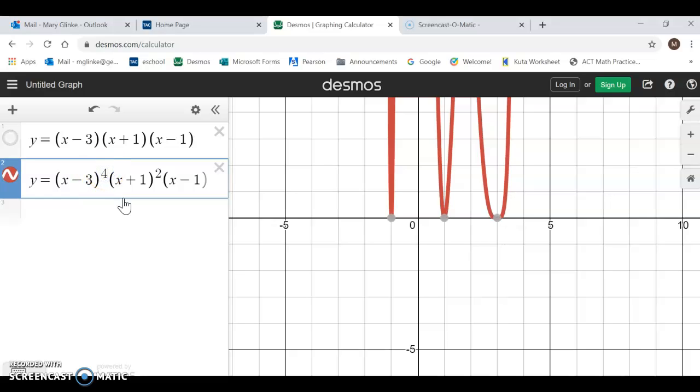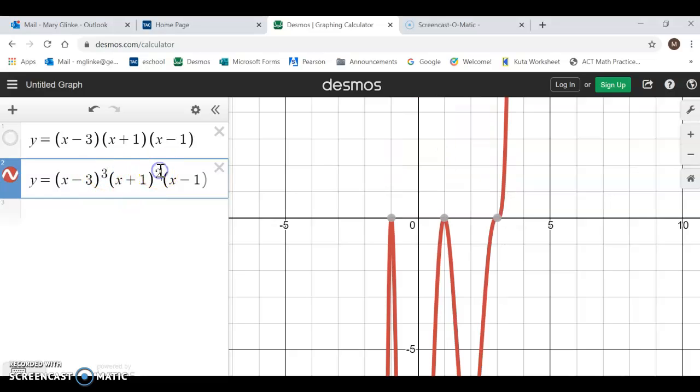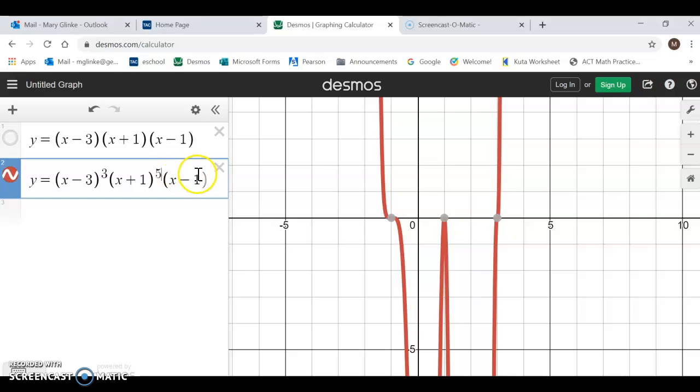So let's make these all odd numbers up here, 3 and 5. And let's leave this one as an even number. It's a degree of 2. It's hard to see because it's off to the side here, but it does have a degree of 2. So at 3, this graph is going through. At -1, this graph is going through. And at +1, this graph is bouncing off.